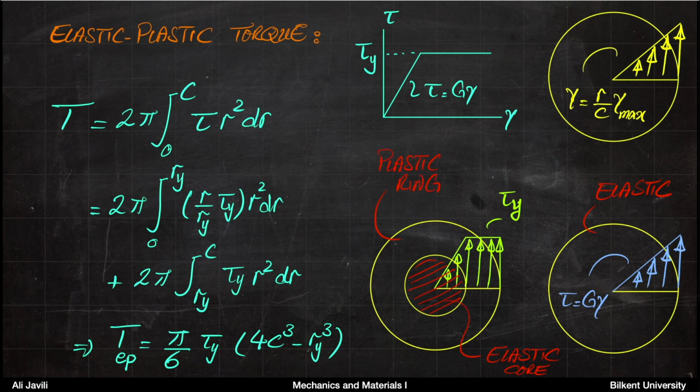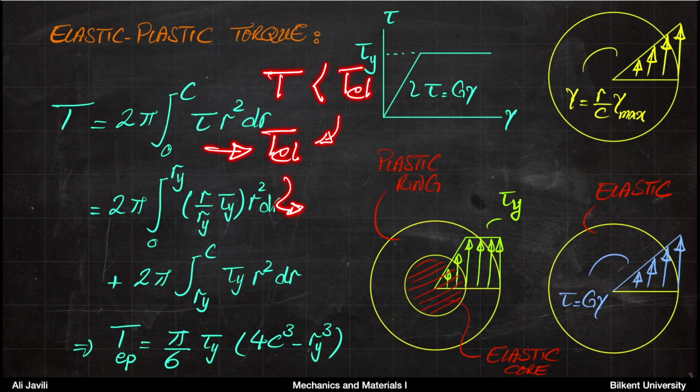Now, remember what we did. We assumed that we apply a torque that is smaller than elastic torque. So we started with a torque which was smaller than elastic torque, and elastic torque was the maximum torque that was still elastic. Then we increased it to a point that is partially elastic and partially plastic. So the question is now, what happens if we increase the torque?